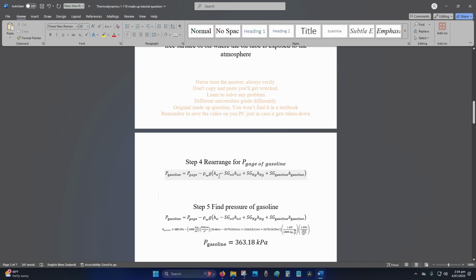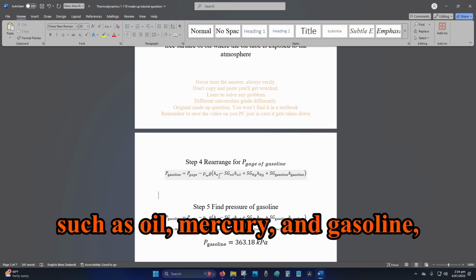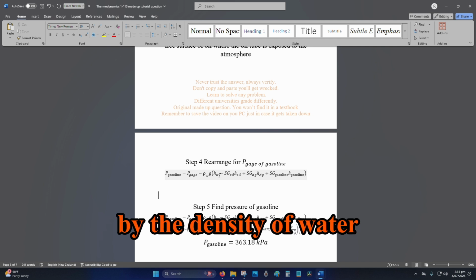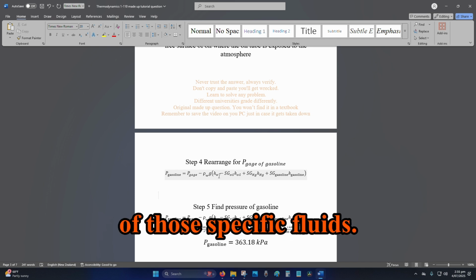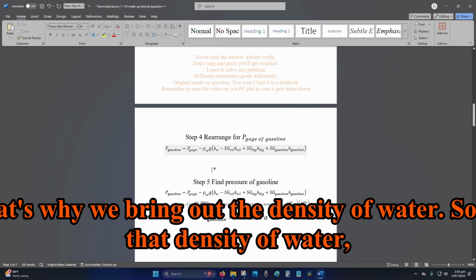Why is that? Because to find the density of the fluid, such as oil, mercury, and gasoline, you've got to multiply the density of water by the specific gravity of those specific fluids. So that's why we bring out the density of water.